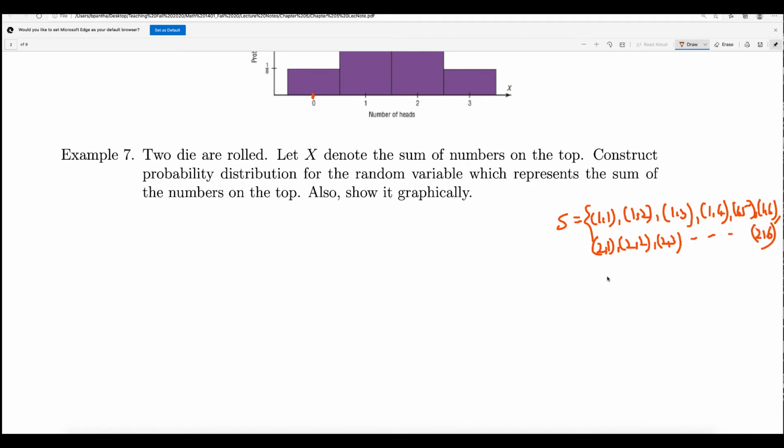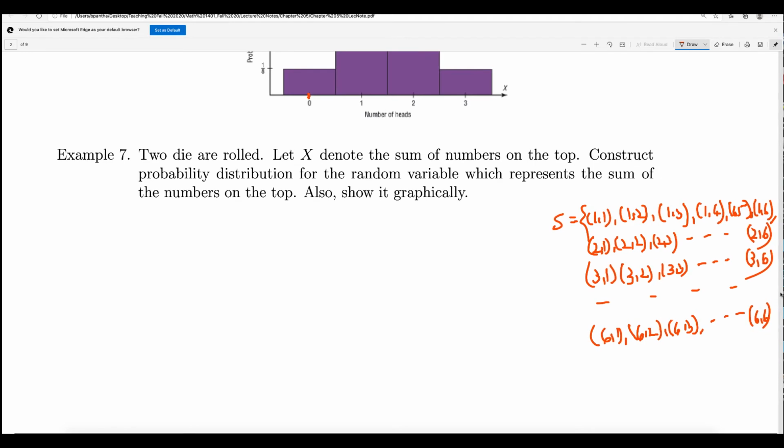Similarly you have 3 1, 3 2, 3 3, and then up to 3 6. Continue that way, and what you get is 6 1, 6 2, 6 3, and then 6 6. These are all the possible outcomes.